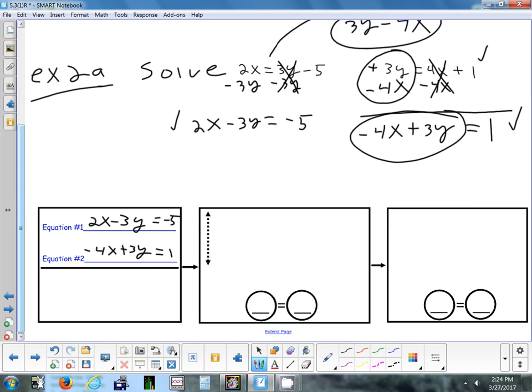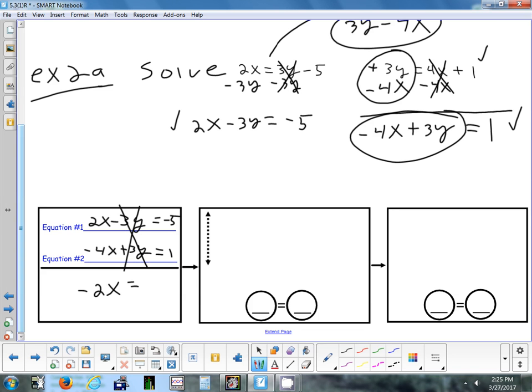What do I do? This is just like what we did in example 1. Antonio? The x's cancel out because they're opposite. Does everybody think the x's cancel? No. The y's. Okay, the y's cancel out. What do the x's add up to? 2x. Careful. It's negative 2x. And what about negative 5 plus 1?